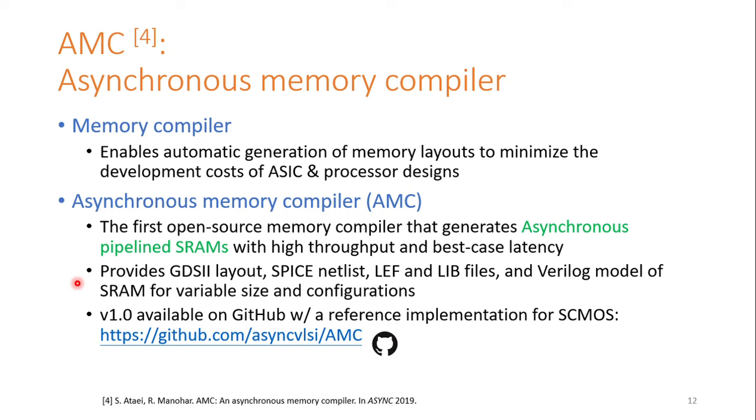An asynchronous memory compiler is the first open source memory compiler that generates asynchronous pipeline SRAMs with high throughput and best latency. It provides GDS2 layout, SPICE netlist, LEF and lib files, and Verilog models of SRAM for variable sizes and configurations. AMC version 1 has been available on GitHub with a reference implementation for SCMOS.